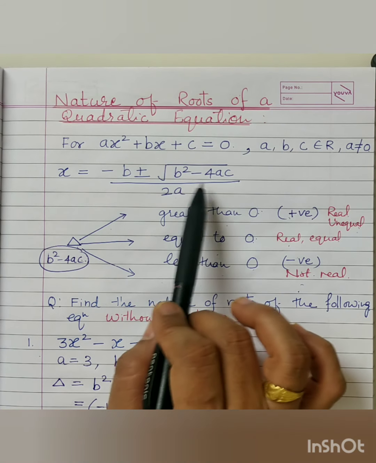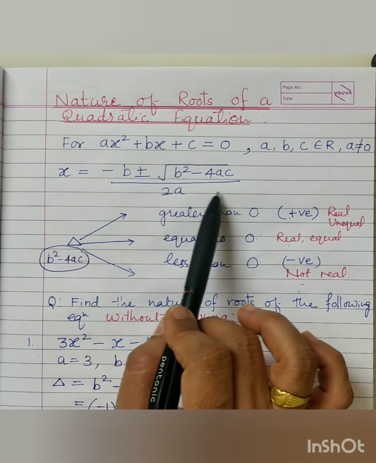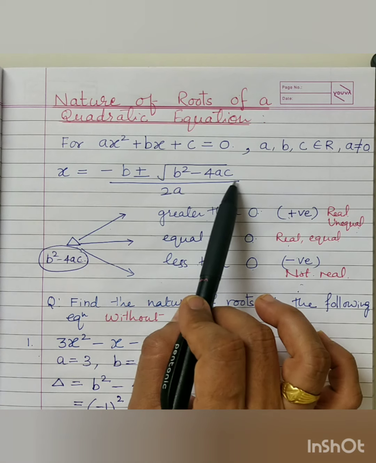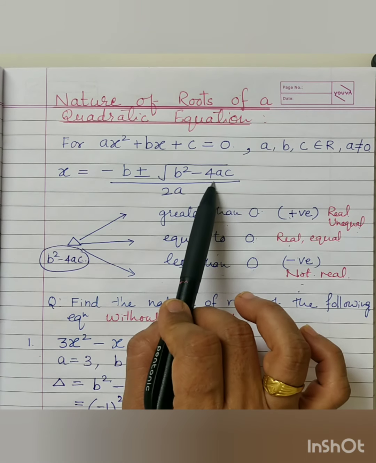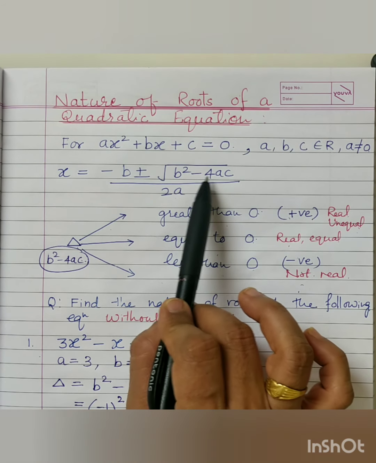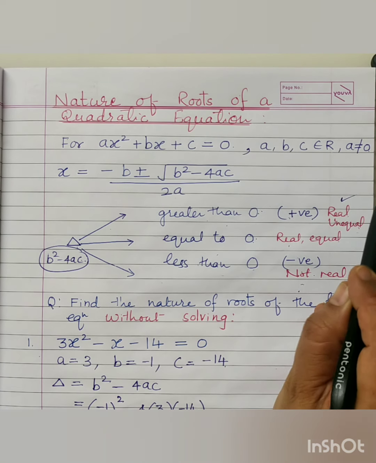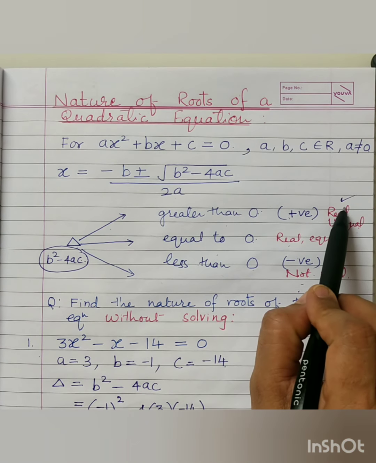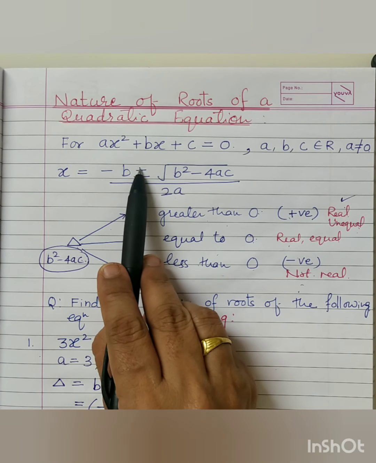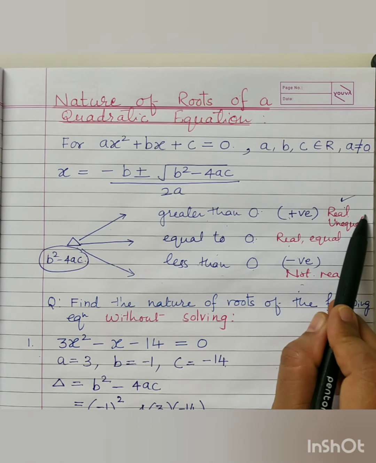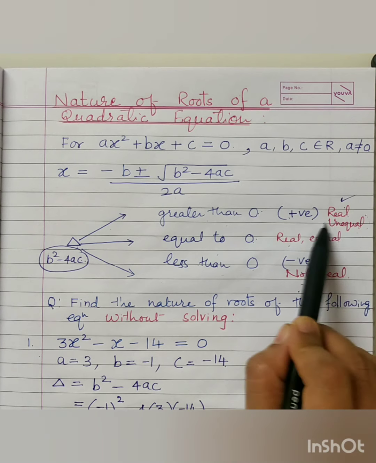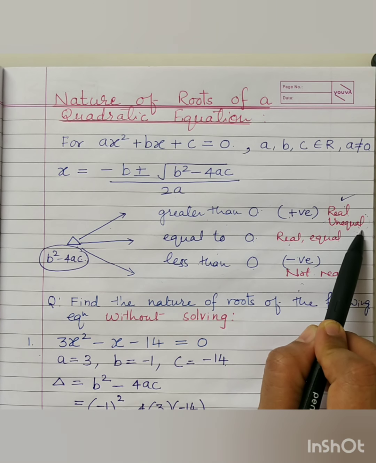More specifically, when b square minus 4ac is a perfect square, the roots will be real, which kind of numbers? Rational numbers. So real is more specified here, rational numbers. And because of the plus and minus sign, both roots will be different, that is they will be unequal.